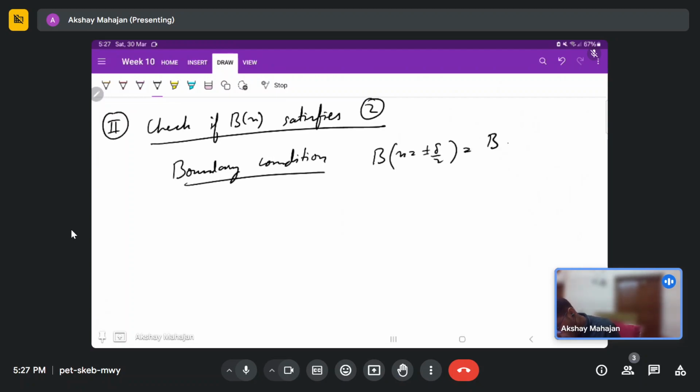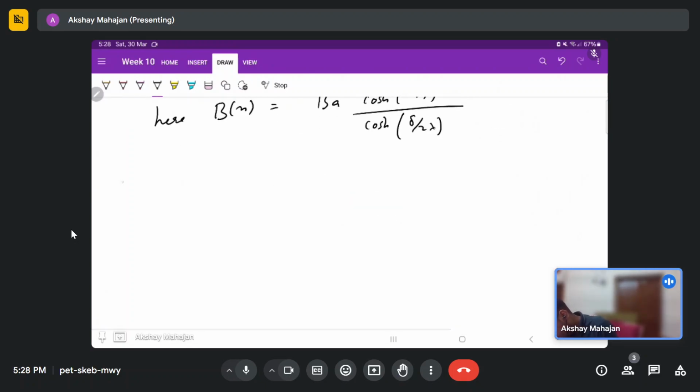It should be equal to B_a. And here B of x we have is B_a times cosh(x/λ) divided by cosh(δ/2λ). So first we will find B at x equals δ/2.